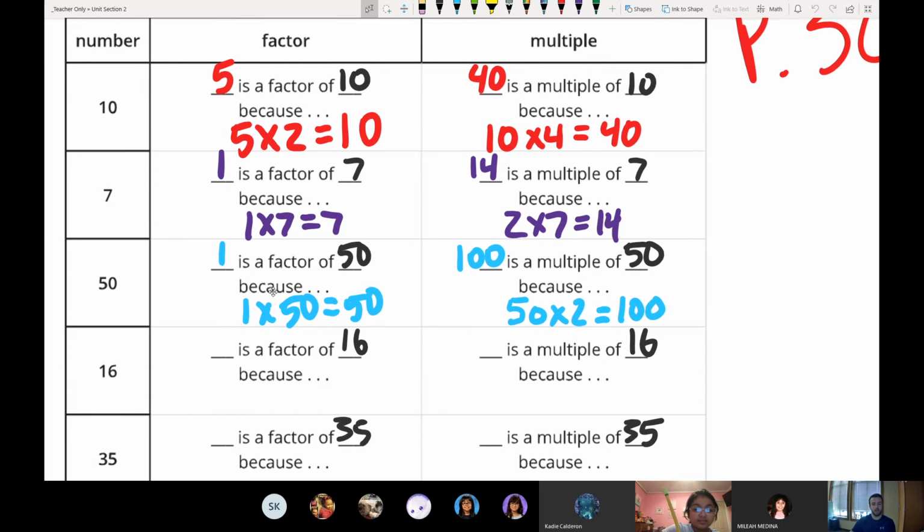Nice job, Camila. Okay, last one we're going to do together, 16. So blank is a factor of 16 because what do you think? This is the last one we're going to do.